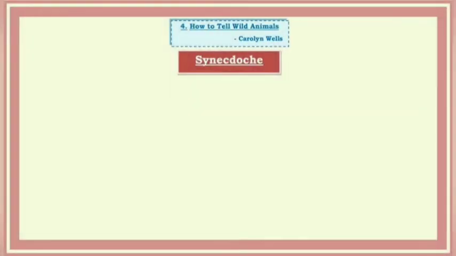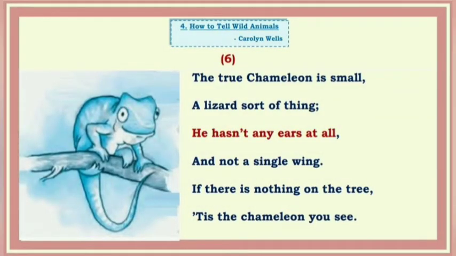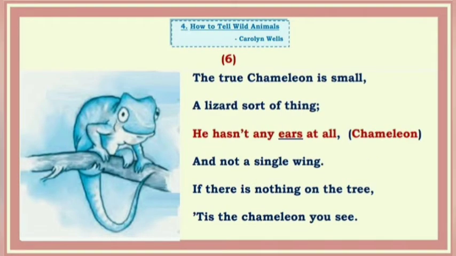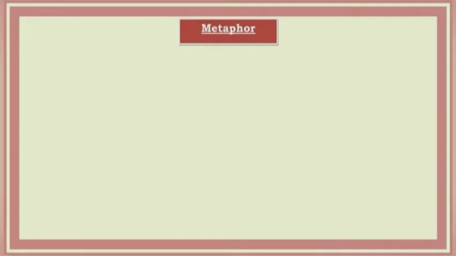Now, let's examine the use of synecdoche in the poem. In the line, he hasn't any ears at all. Here, a small part, ears, refers to the whole chameleon. So, this is an example of synecdoche in the poem. After synecdoche, let's see the use of metaphor.